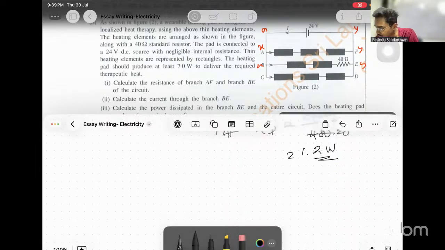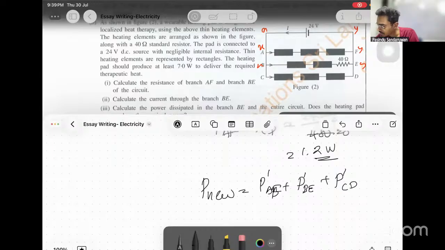Then new power is the new power of AF plus new power of BE plus new power of CD.